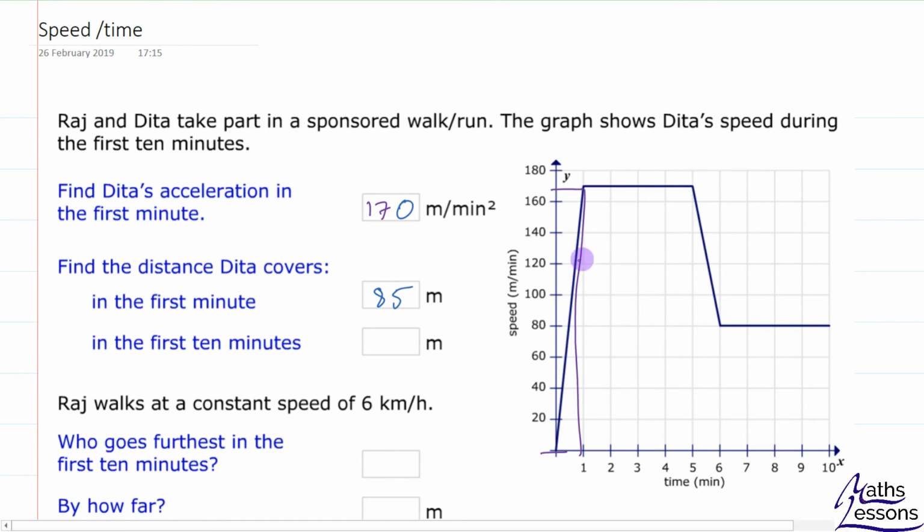And then we're going to work out the first 10 minutes. So the area under the whole of the graph is what we're going to work out next. And the best way, I think, to work out this bit here, actually, I'm just going to make a rectangle here. And that's going to be 5 times 175 to get that area.